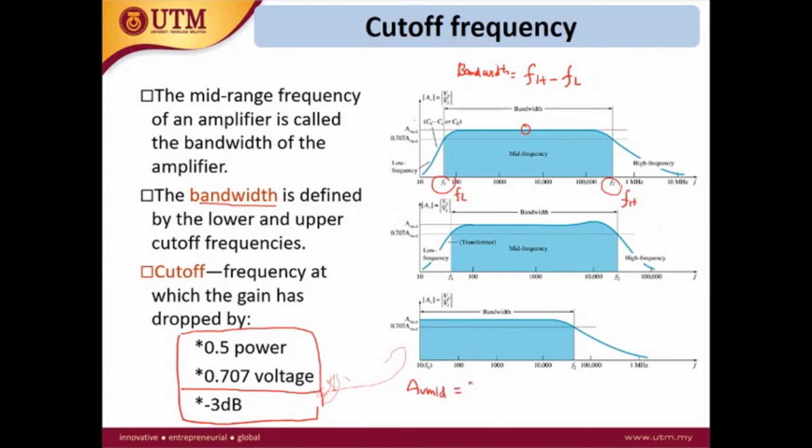If AV mid is 30 dB, we need to find the frequency where the AV becomes 27 dB. We find the frequency where the voltage gain becomes 27 dB, and then we have FL as well as FH.